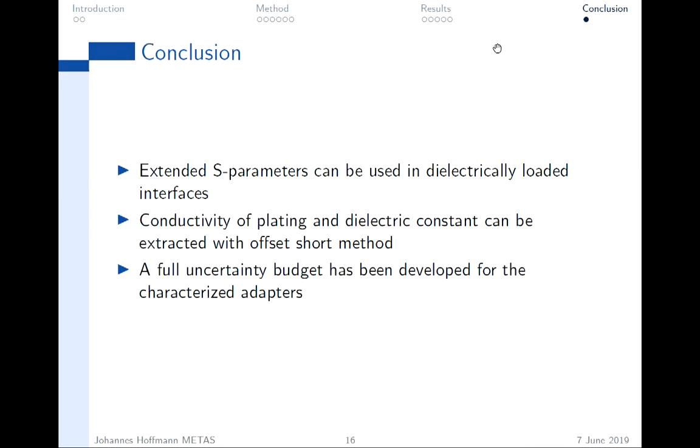This was not shown here, but we obviously also have a full uncertainty budget for the S parameters, and with this uncertainty budget and this technique, we basically establish traceability for the S parameters in this reference plane. Thank you.